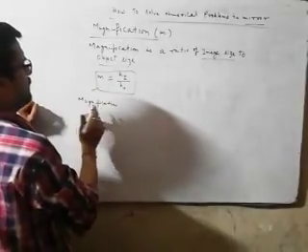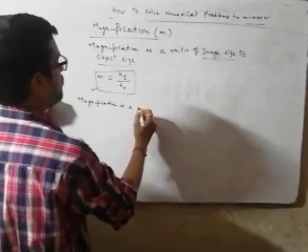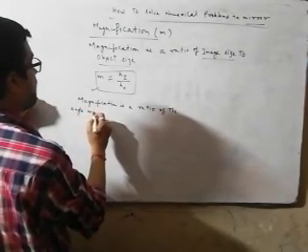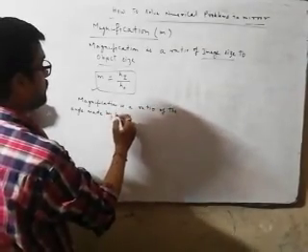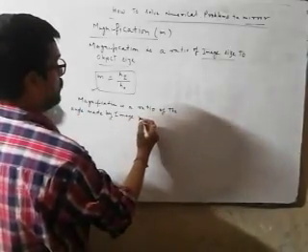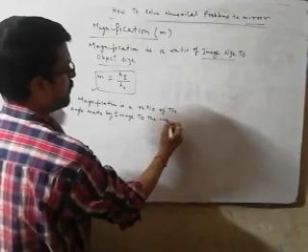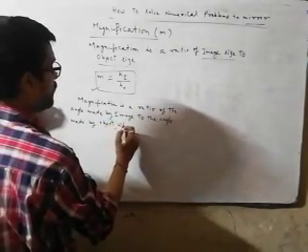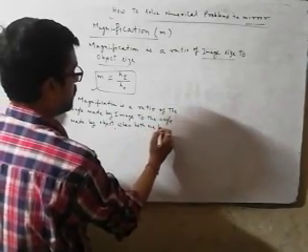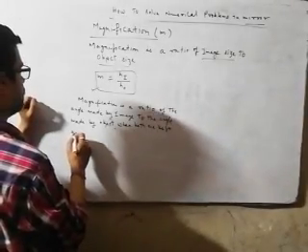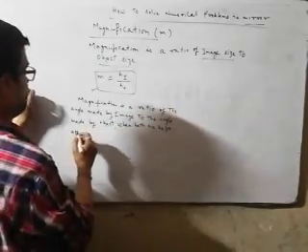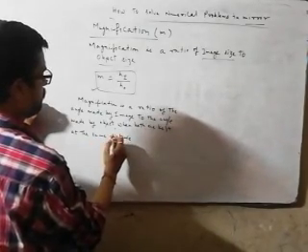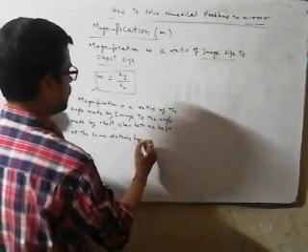Magnification is a ratio of the angle made by image to the angle made by object when both are kept at least distance of distinct vision or at the same distance from eye.